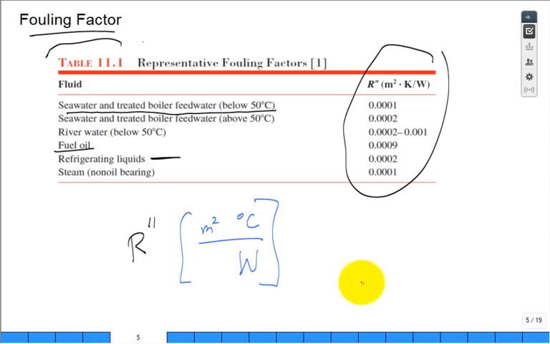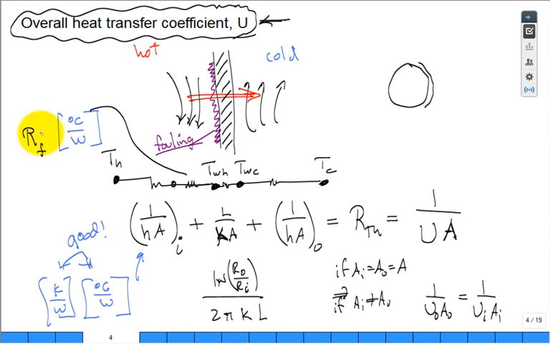So if I want that fouling resistance R, remember what I had on the other slide, what do I need to do to R double prime? Divide by area or multiply by area? Which is very confusing to students, so go slowly here. Because when I go back to the previous slide, this is equal to R double prime F divided by A.